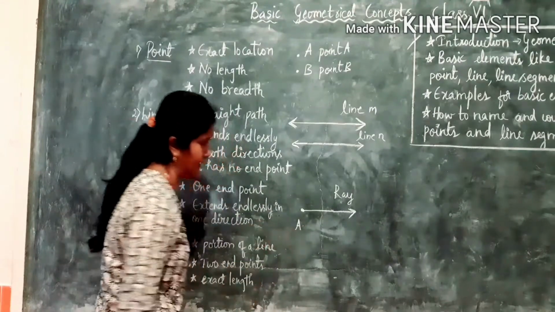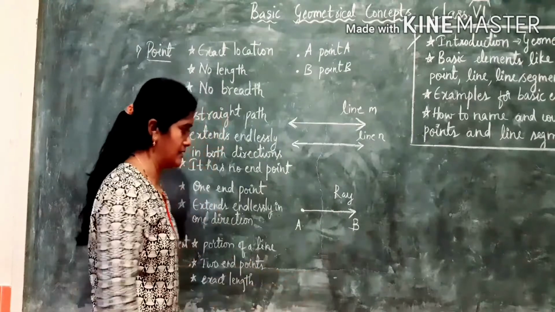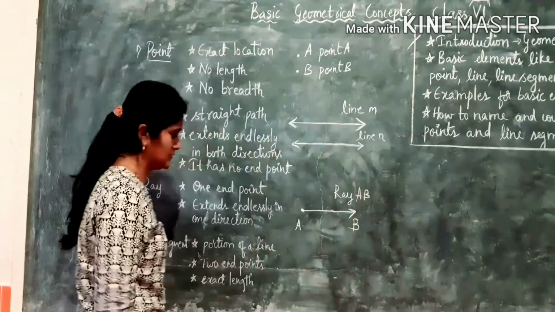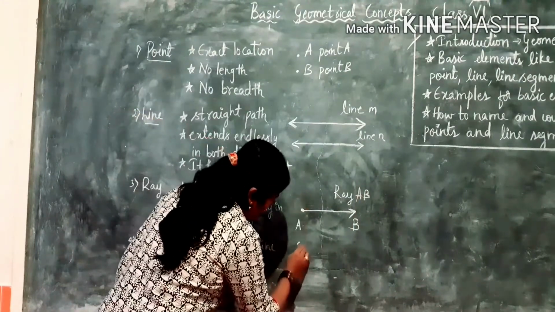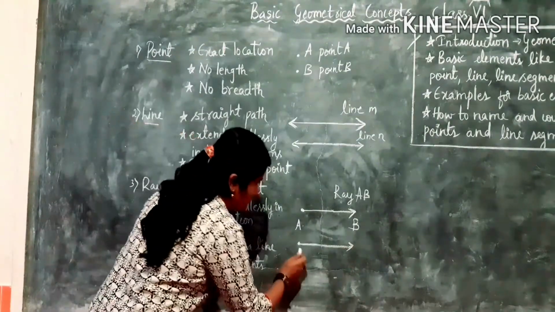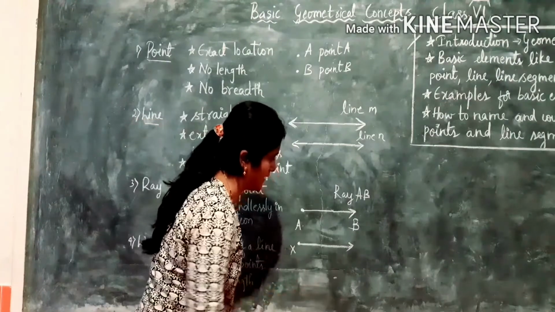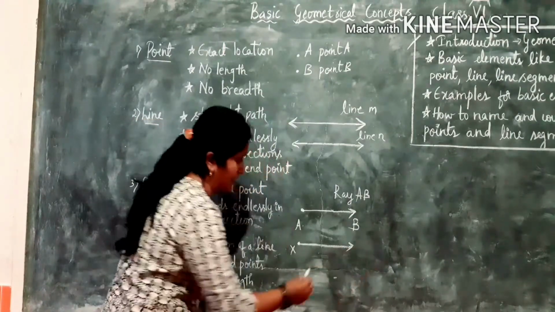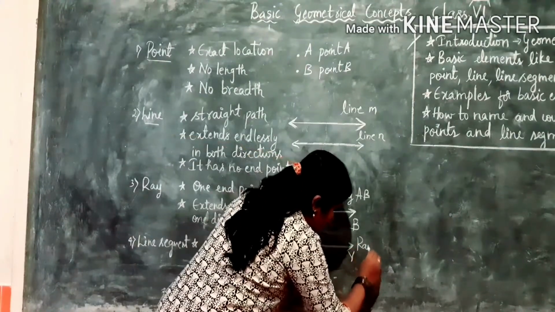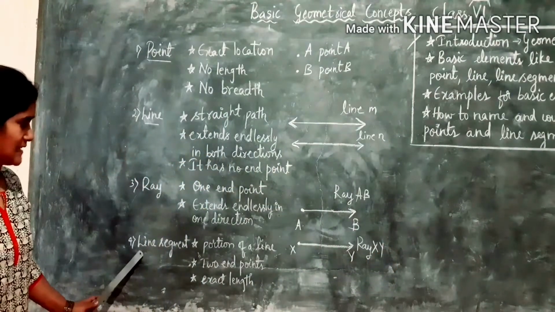Here I have taken A and this arrow mark I have taken as B. So this can be read as ray AB. Let me draw one more ray here. So here is a point. So ray has got one end point and the other end is extending endlessly in one direction. So this can be written as ray xy.